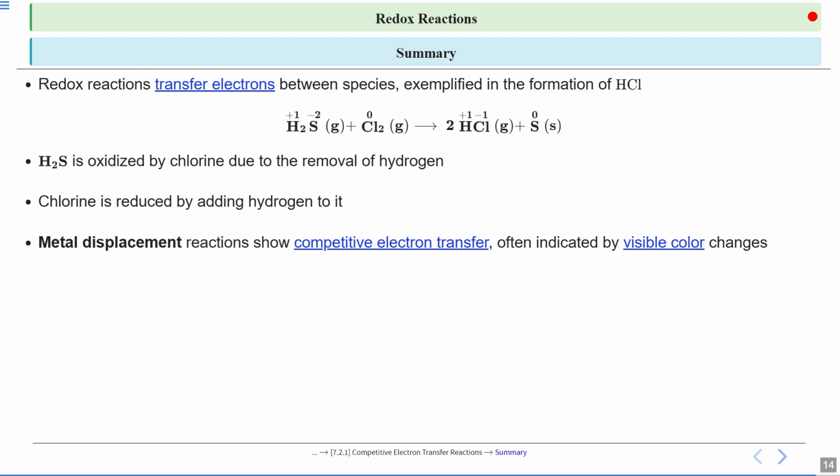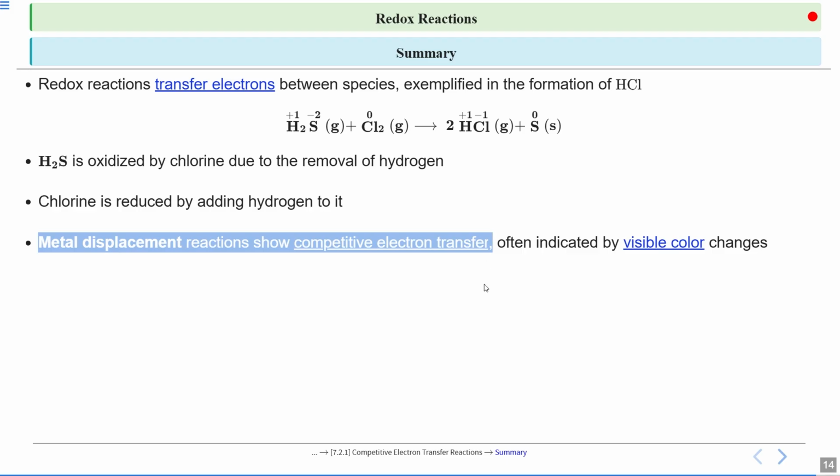For example, we have studied the zinc strip placed in copper sulfate solution, and the zinc atom loses electrons, that means it is oxidized, while the copper ions in solution gain those electrons, that means they get reduced. I hope this line is clear to you, that metal displacement reactions show competitive electron transfer.